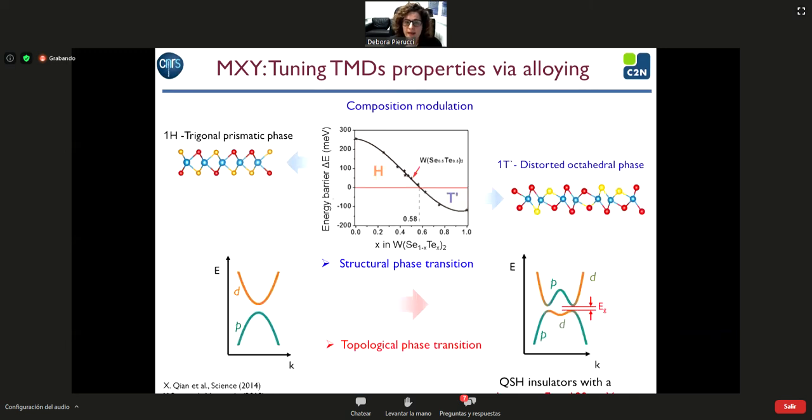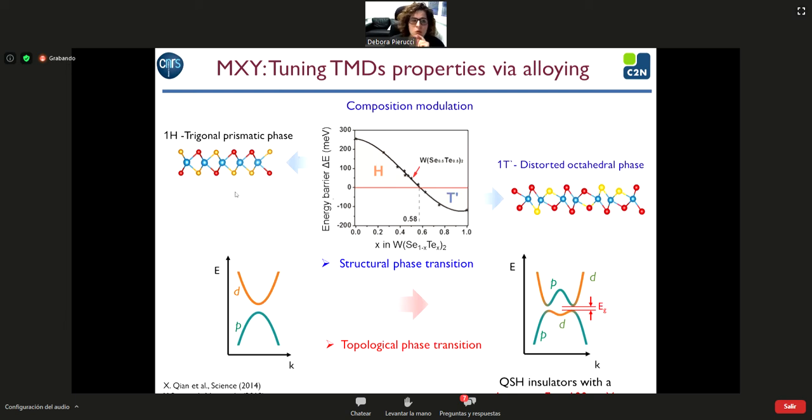Another property that is predicted by theory, if we modulate the composition of this ternary alloy, in particular in the case of the alloy formed with tungsten, selenium, and tellurium, is that by modulating the composition, changing the concentration of tellurium, we can induce a structural phase transition.